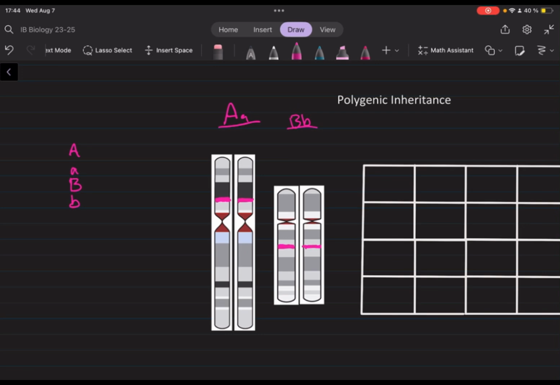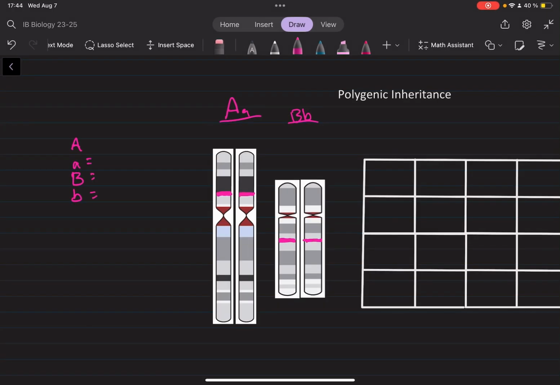I'm so sorry. And let's say A means more melanin, and let's say that little ones mean less. That means, let's take this further.